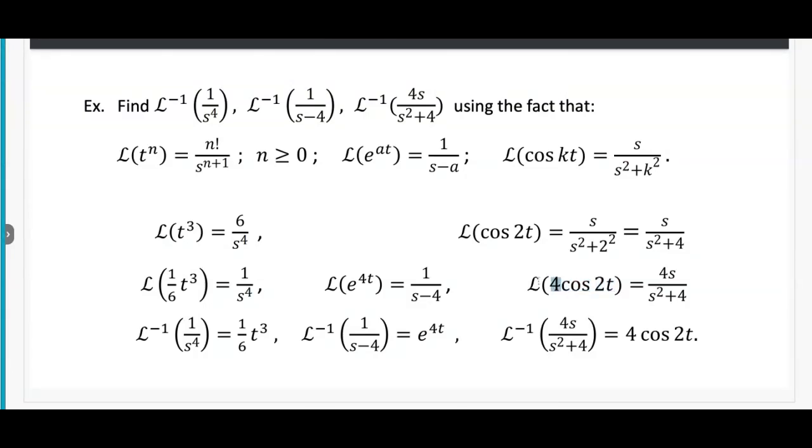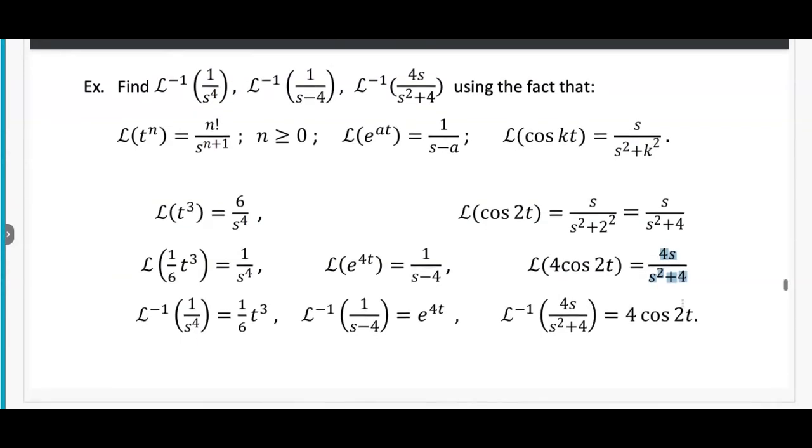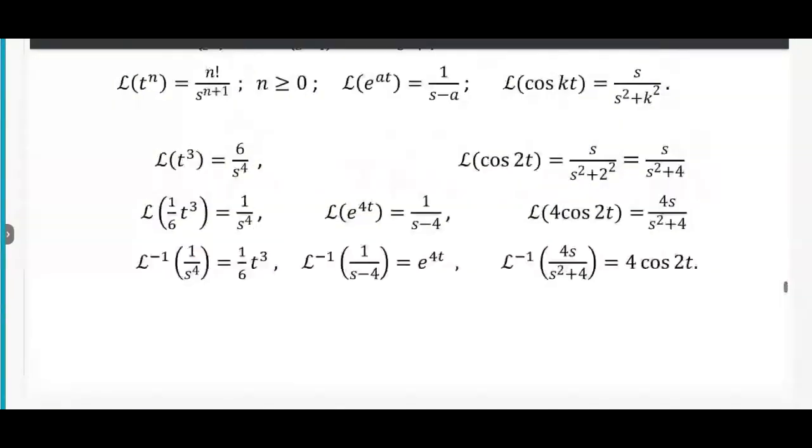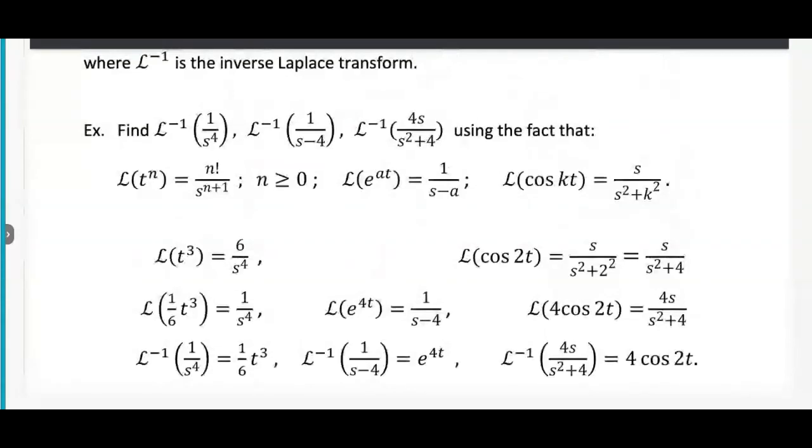By linearity, this 4 comes outside of the Laplace. So it's just 4s divided by s squared plus 4. Then the inverse Laplace transformation of 4s over s squared plus 4 is just 4 cosine 2t. Anyone has any question?